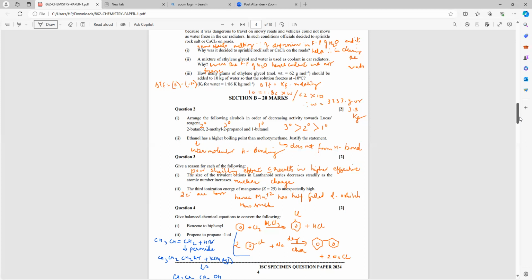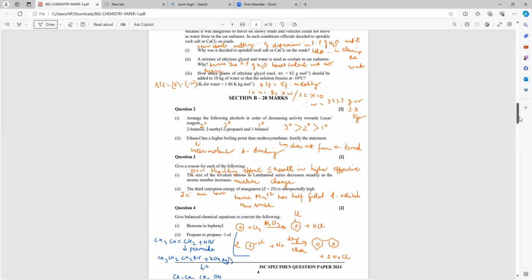Ethanol will have a higher boiling point because it shows intermolecular hydrogen bonding, whereas methoxymethane does not form hydrogen bonds. You have to write both the statements. You cannot leave it by just saying ethanol has a higher boiling point because of intermolecular hydrogen bonding. You have to specify for methoxymethane also.